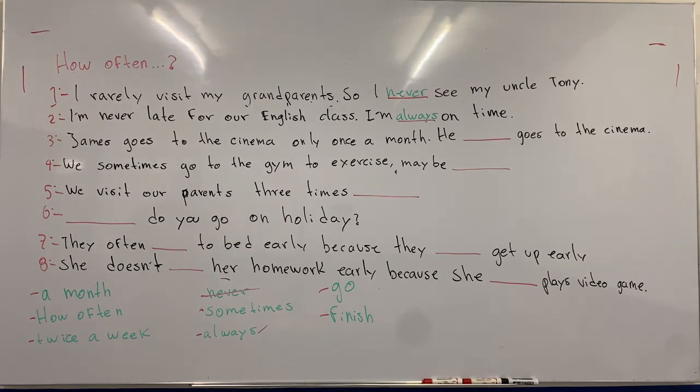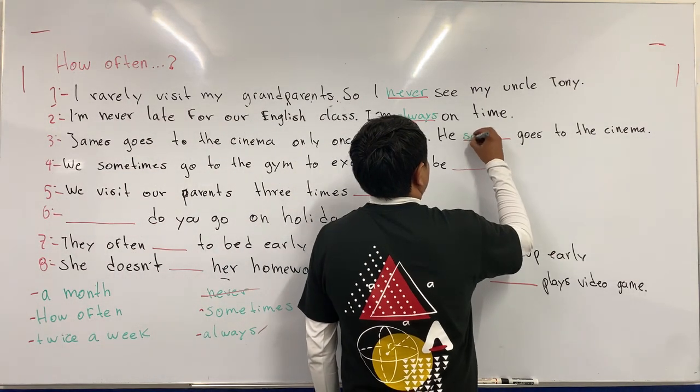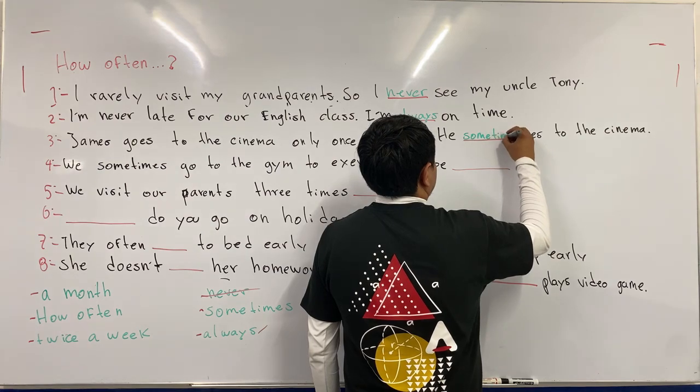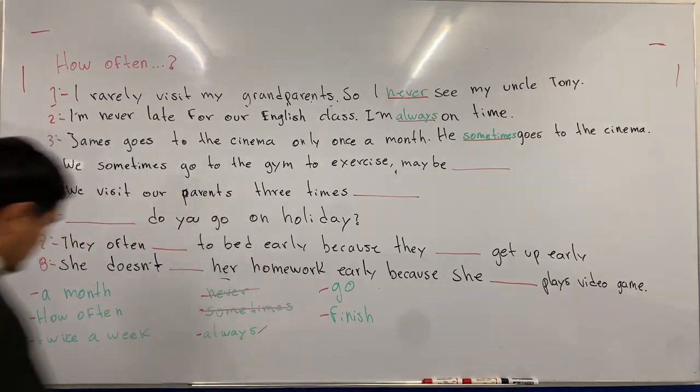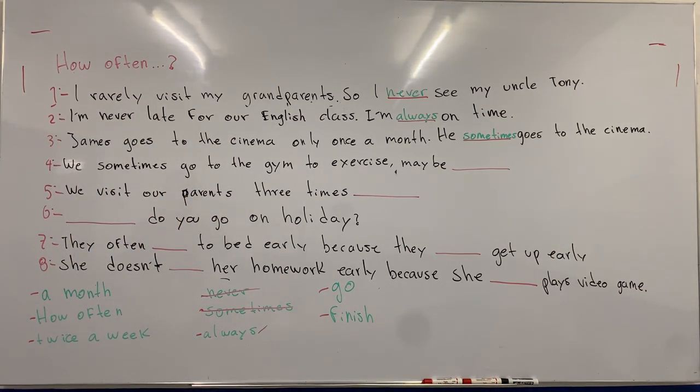James goes to the cinema only once a month. He sometimes, right? Therefore, por lo tanto, he sometimes goes to the cinema, right? Fourth sentence. We sometimes go to the gym to exercise. Maybe, check this, sorry, sometimes, maybe twice a week, twice a week.